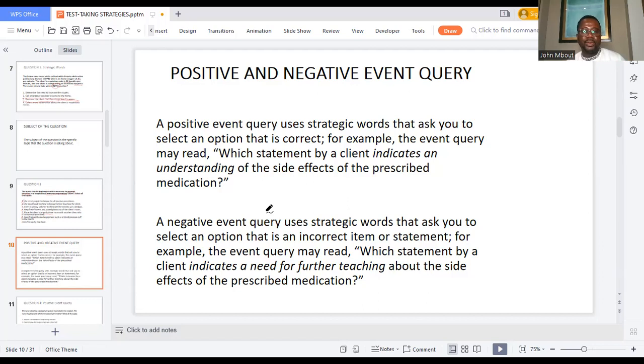For example, which statement by a client indicates an understanding of the side effect? Which statement by the patient gives an understanding of the discharge teaching? Which statement shows that the patient understands? These are positive event queries.